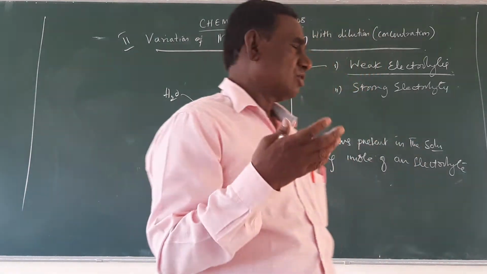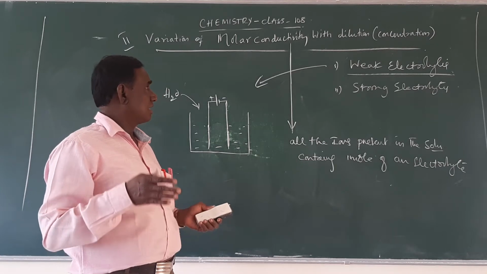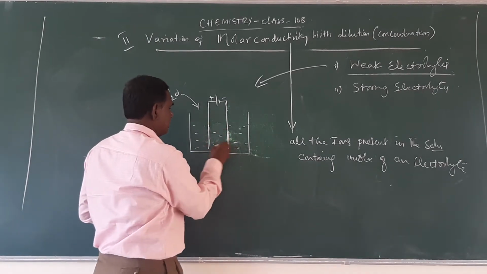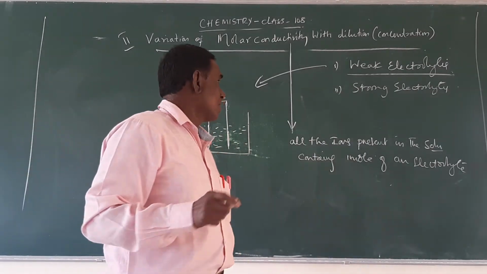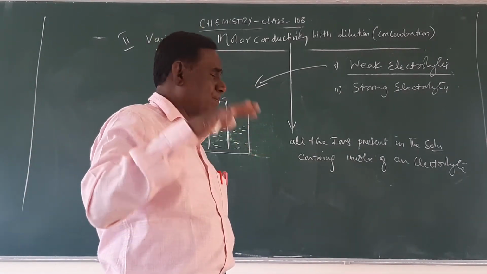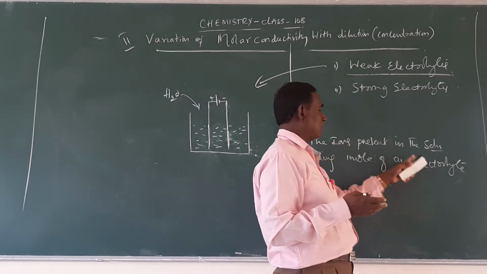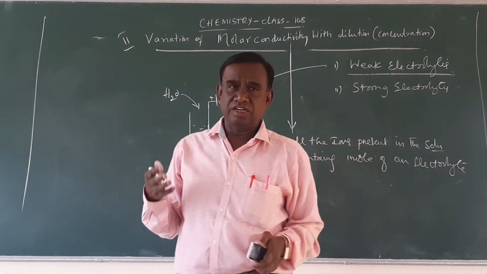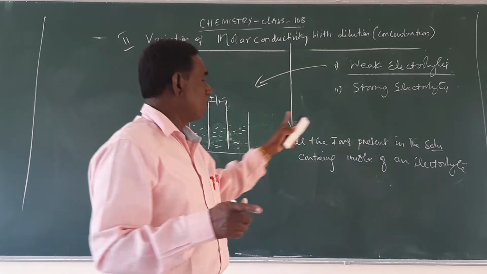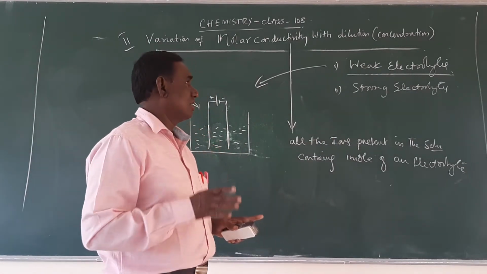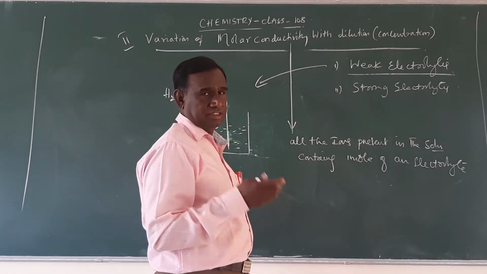We consider the conductivity produced by all the ions present in the solution, inside the electrodes and outside the electrodes also. Therefore, molar conductivity is the conductivity due to 1 mole of an electrolyte dissolved in water.